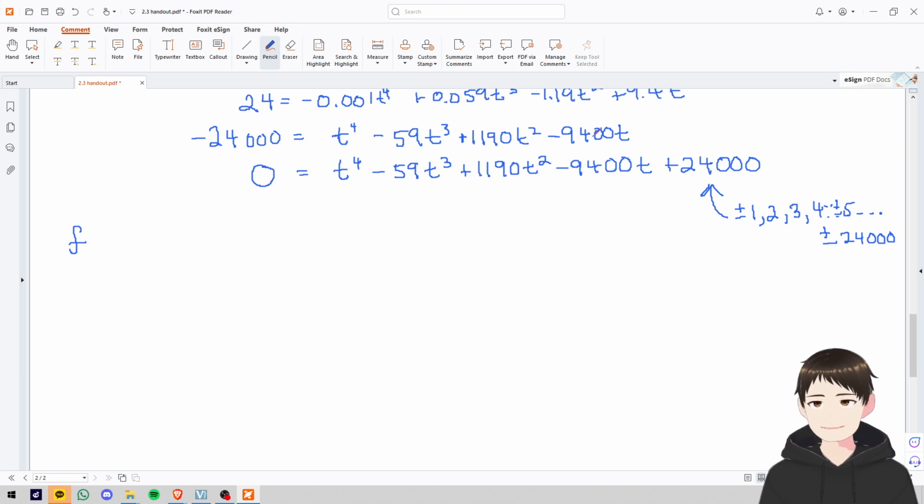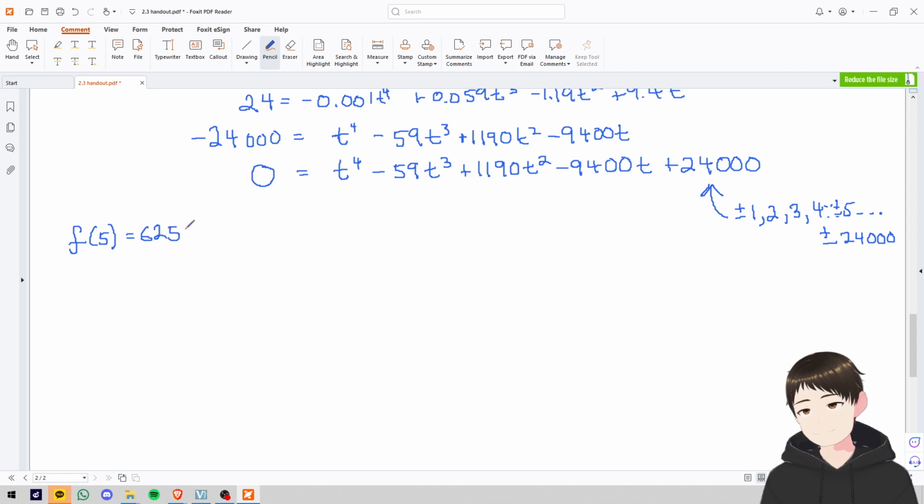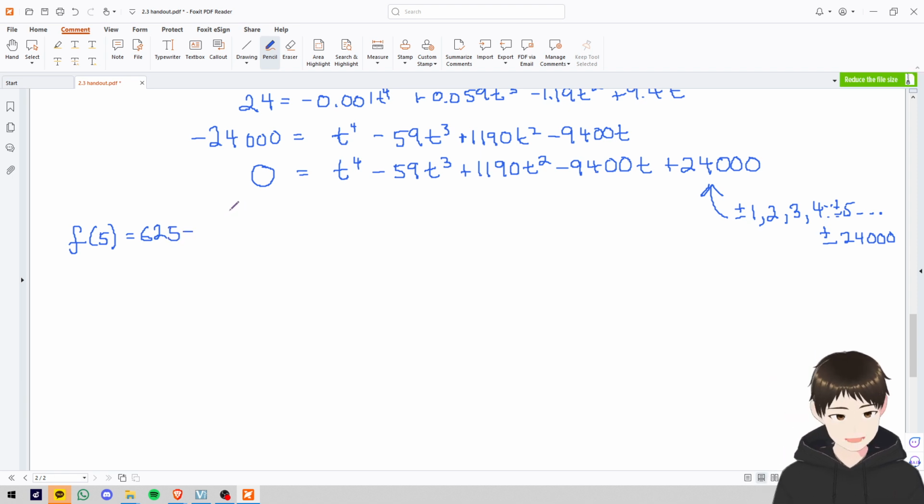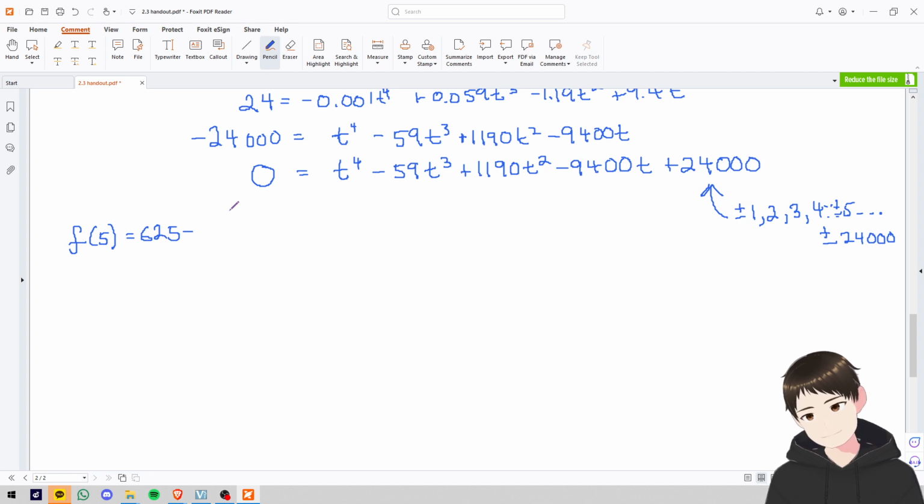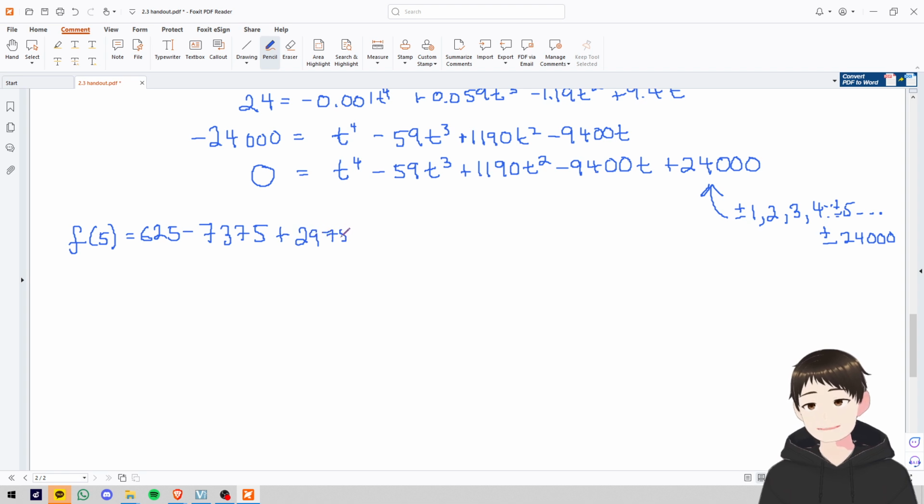Let's pretend all the stuff on the right side of the equal sign is function f of x, and plug in a 5. 5 times 5 times 5 times 5 is 625, minus, oh gosh, I need a calculator right next to me right now. Negative 59 times 125 is negative 7375, plus 25 times 1190 is 29,750, minus 9400 times 5, 47,000, plus 24,000.